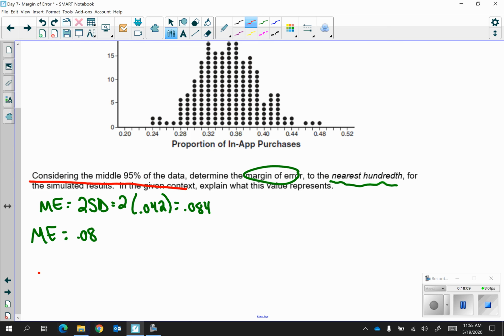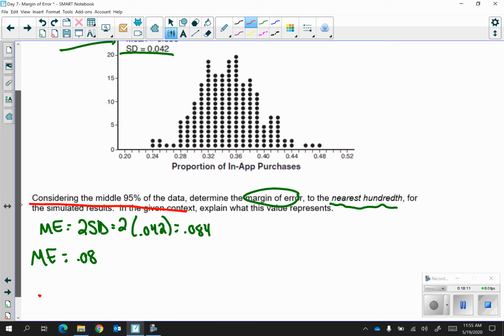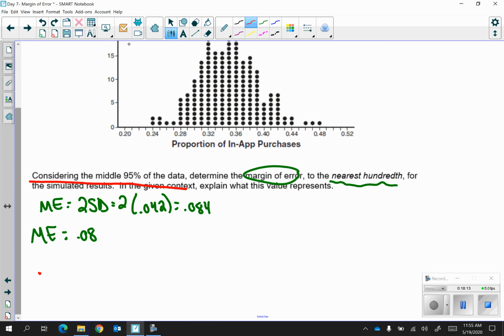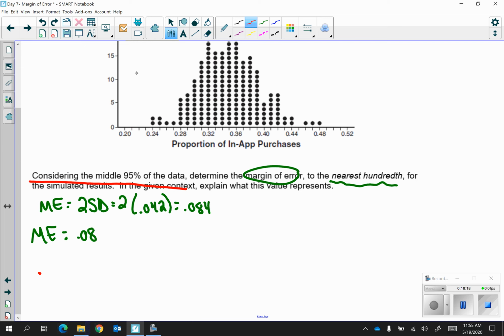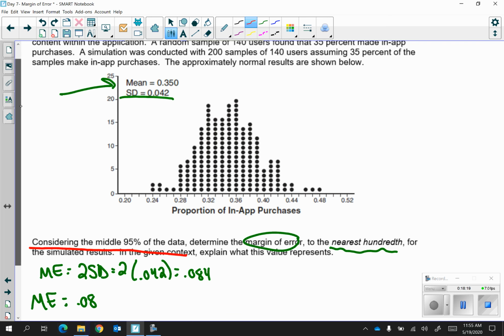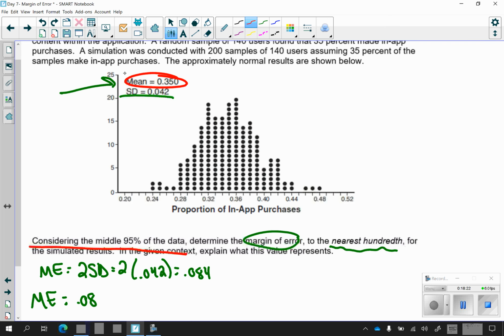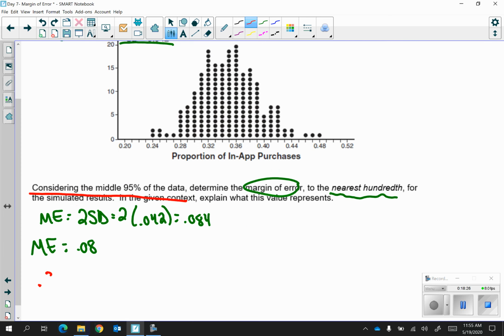We're going to start with your sample proportion. Oops. We're going to use, there we go, we're going to use the mean, right? So we have 0.35 plus or minus the margin of error. And you should be getting a confidence interval of 0.27 to 0.43.